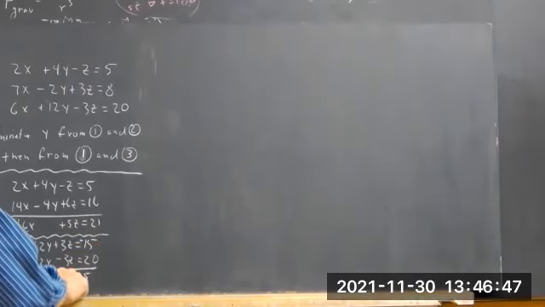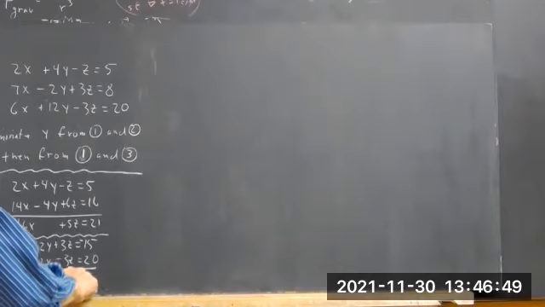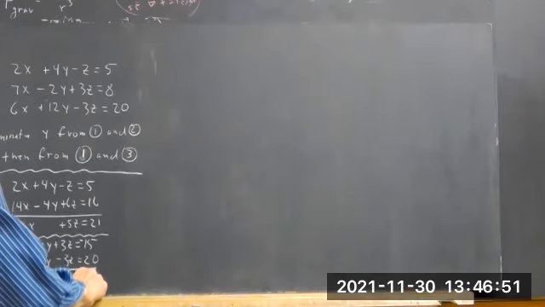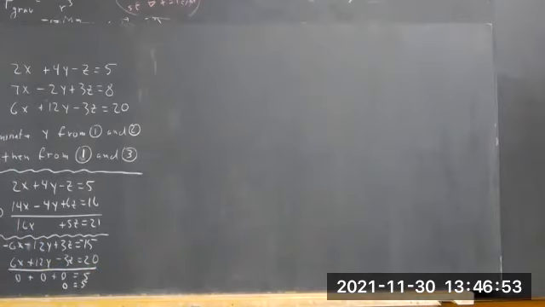We get 0 equals 5. This is false. So to say that these 3 equations have a solution leads to a false statement. Okay. There is no solution because 0 can't equal 5.